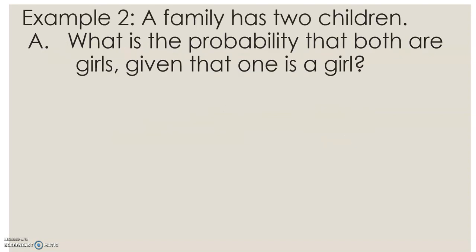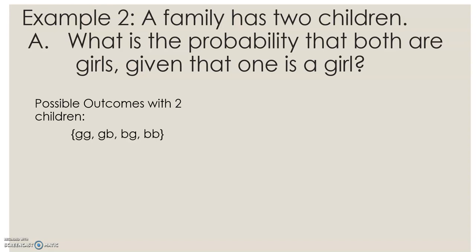Example 2, a family has 2 children. What is the probability that both are girls given that one is a girl? Possible outcomes with 2 children are girl, girl, girl, boy, boy, girl, and boy, boy. We're going to let A equal girl, girl, the probability that both are girls.